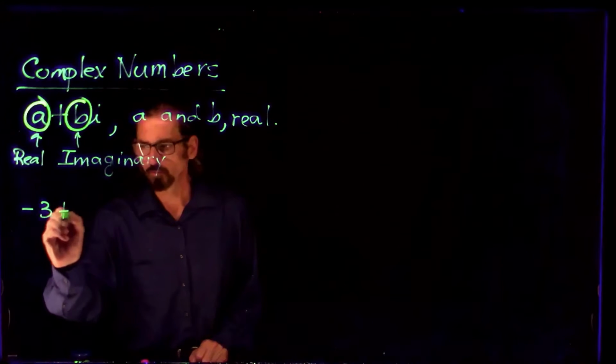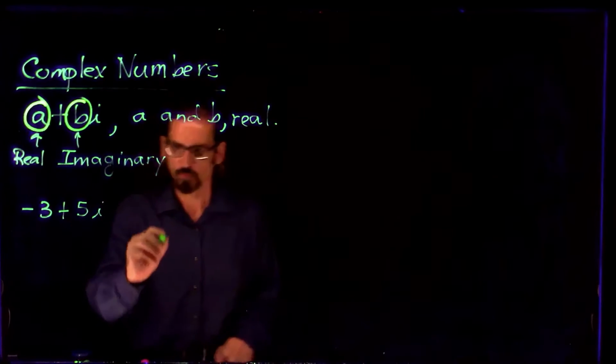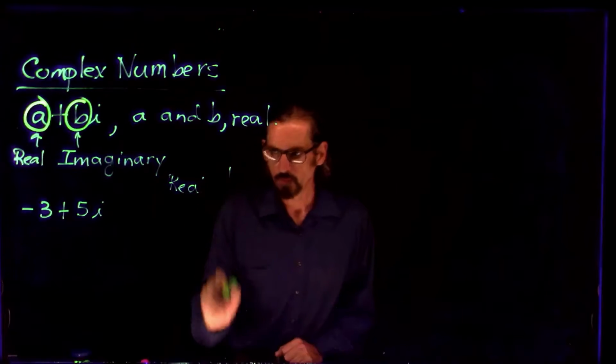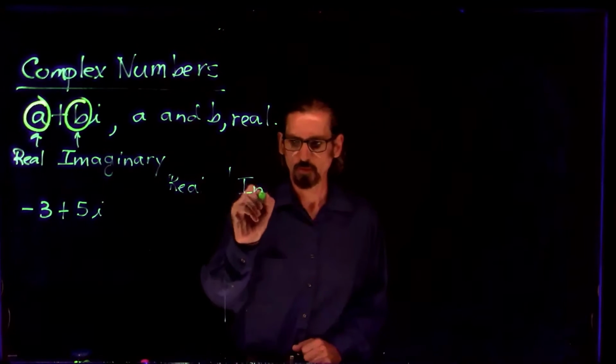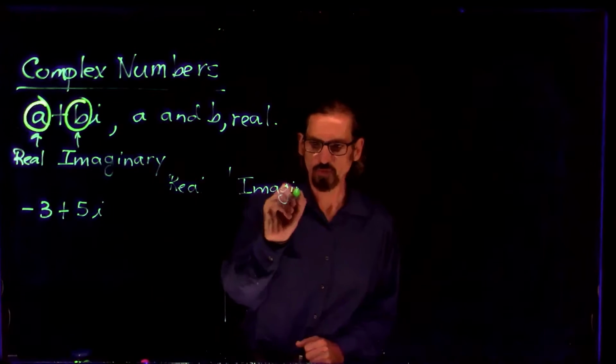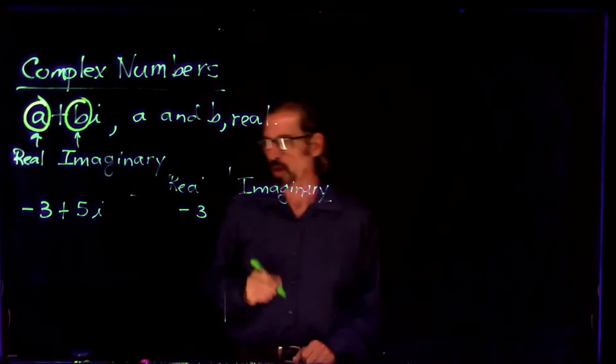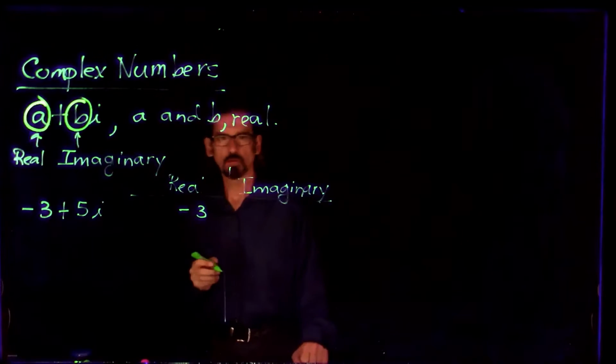Negative 3 plus 5i. The real part is negative 3, and the imaginary part is 5.